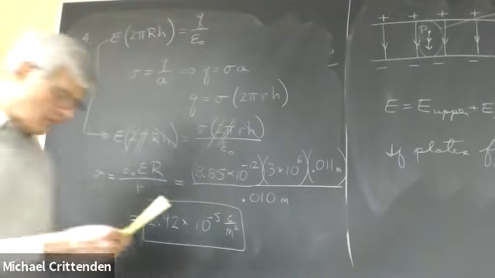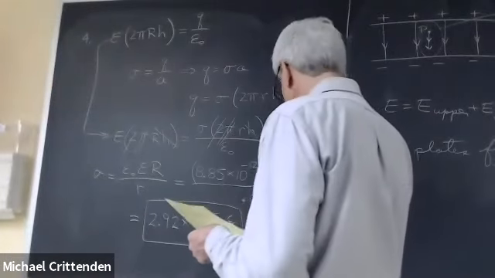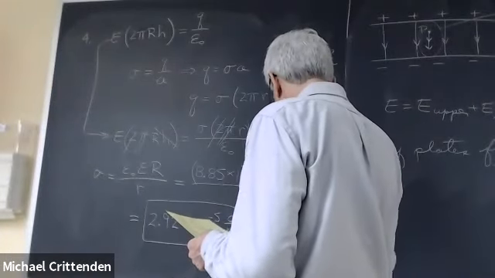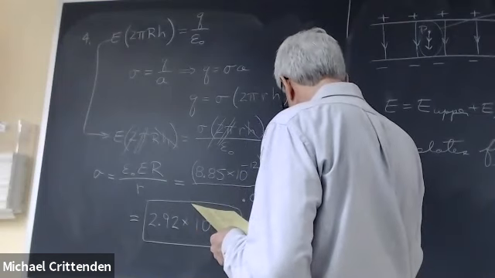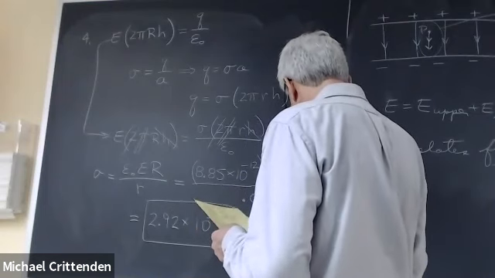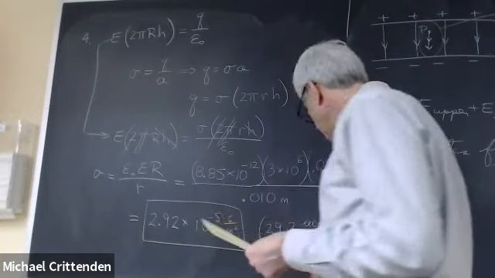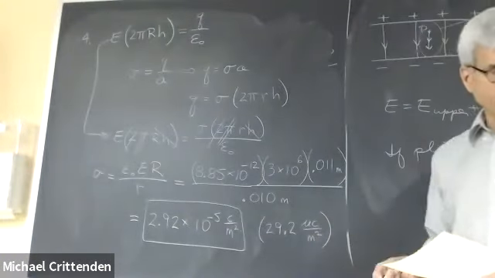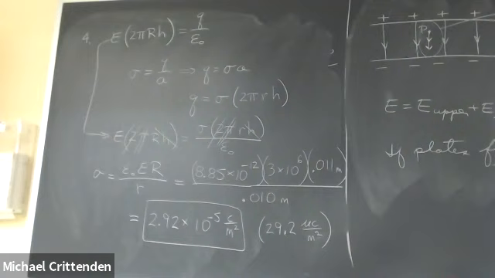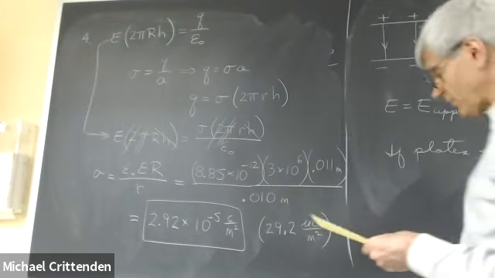Or if you'd prefer to use one of the SI prefixes instead of scientific notation, sometimes it might be more convenient to call that 29.2 microcoulombs per square meter.